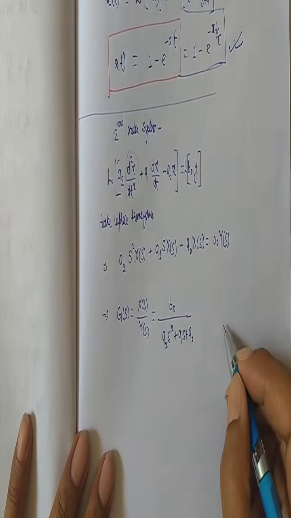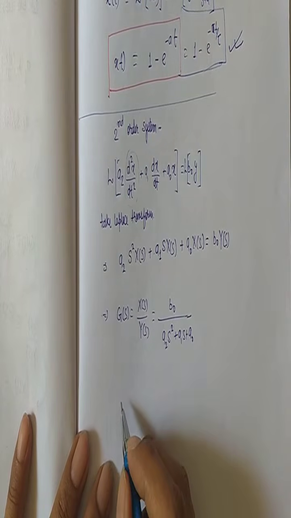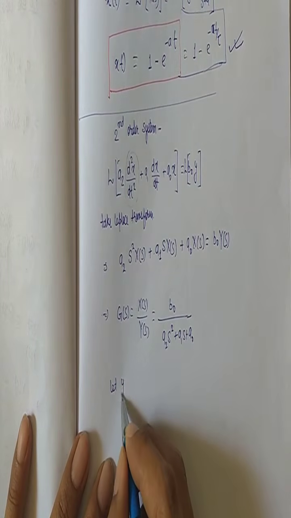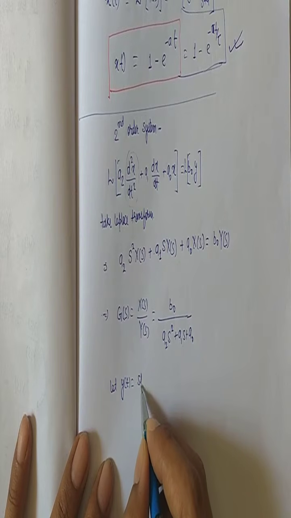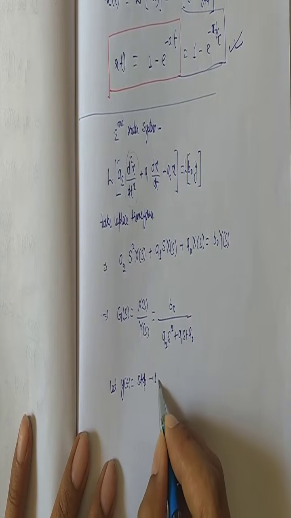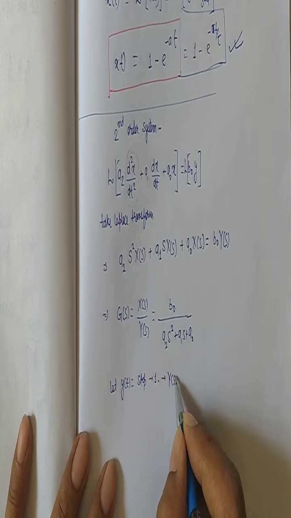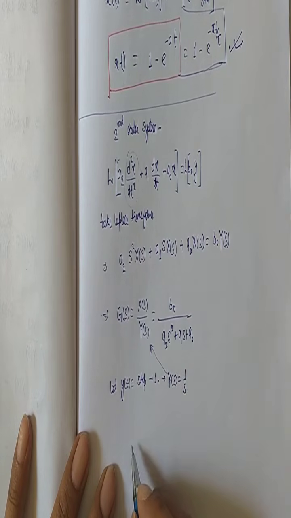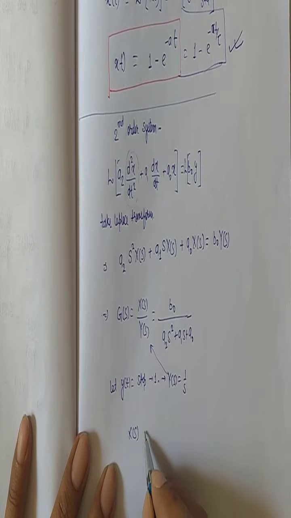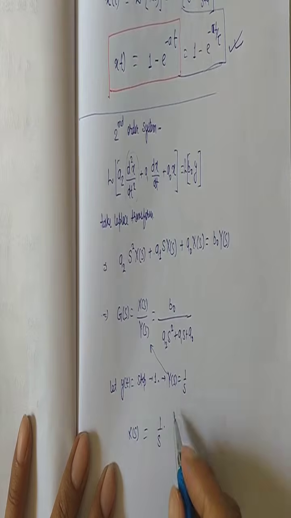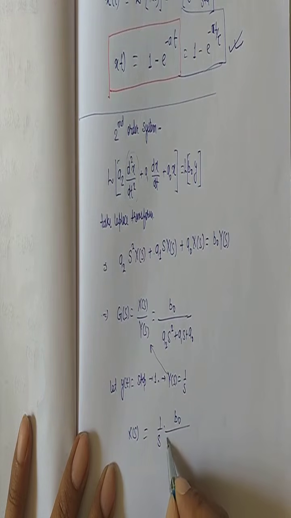Now let's suppose y(t) is a step input, again meaning 1, so Y(s) I am providing is 1 upon s. If I input it here, I will get the output response in Laplace domain as 1 upon s times b naught by a2 s square plus a1 s plus a naught.